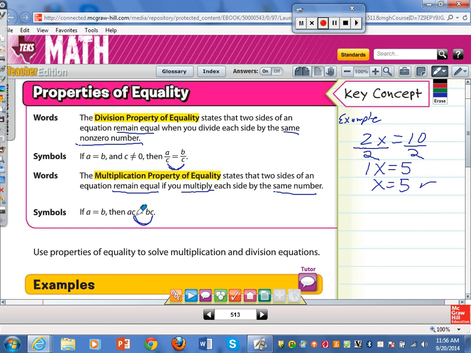For example, now let's say here, we're going to use Z now. Z divided by 3 equals 10. Okay, so in this case, if you look on the side where the variable is, you know that Z is being divided by 3. Well, in order to undo this division by 3, now you can use the multiplication property of equality.